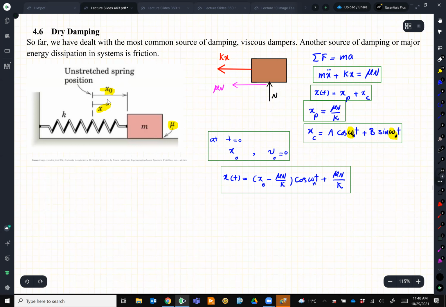This is our initial condition, right? I move this box by x0. So I'm here. Let's say this is x0. I want to know if it returns back, how much it will move back over there.